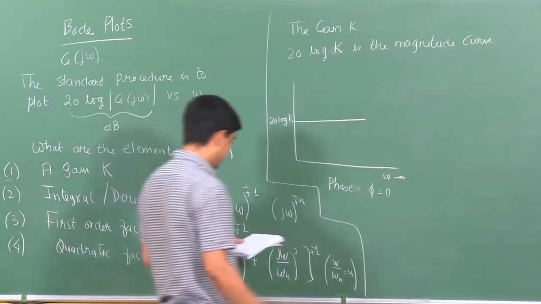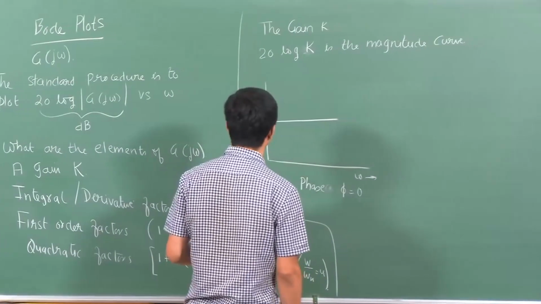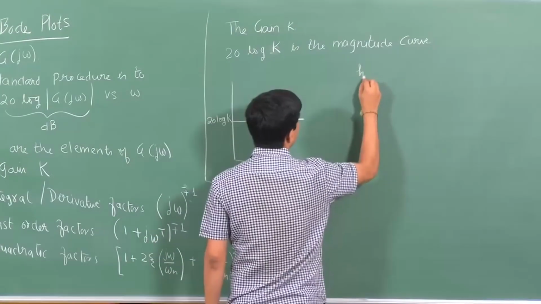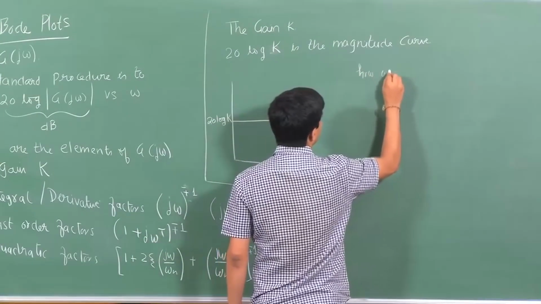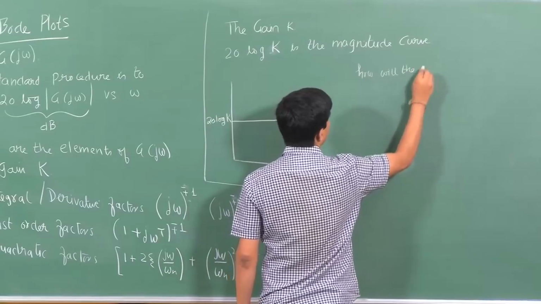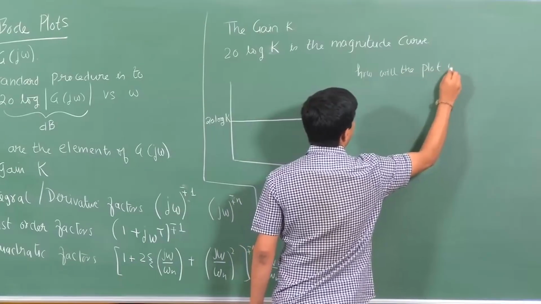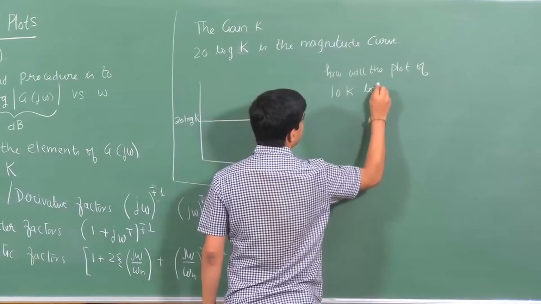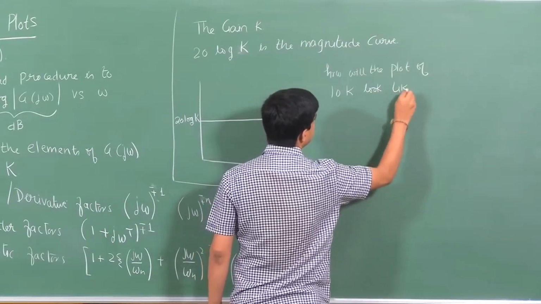Another thing to look at: if I have K, how will the plot of ten times K look? The phase will still be 0.